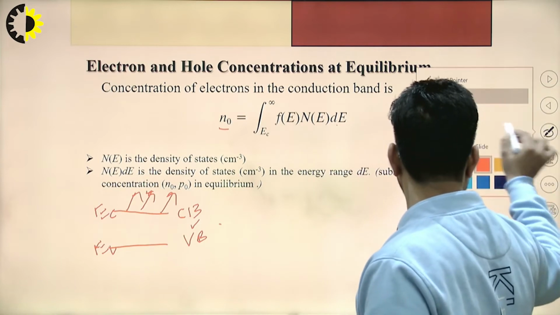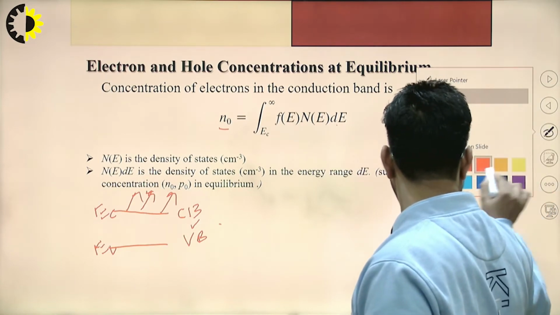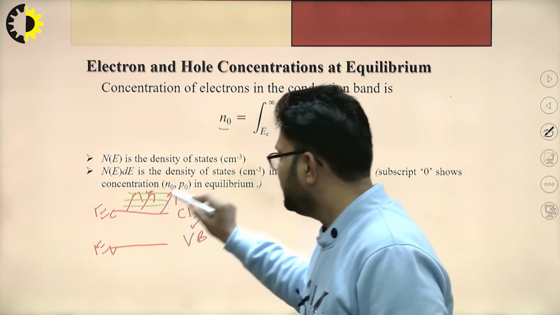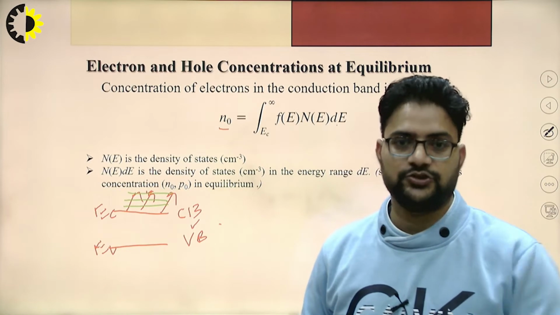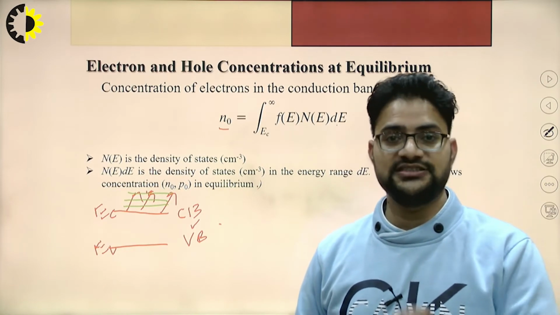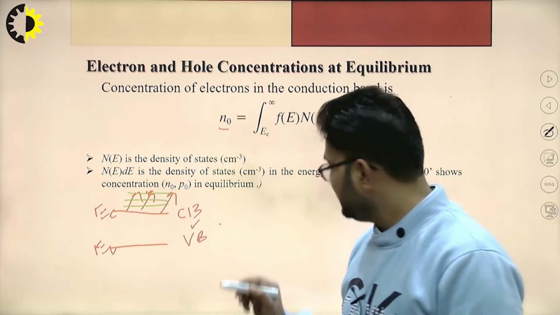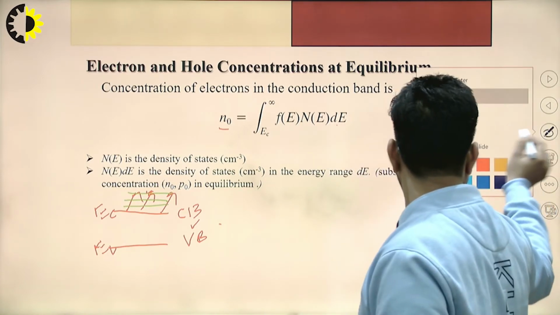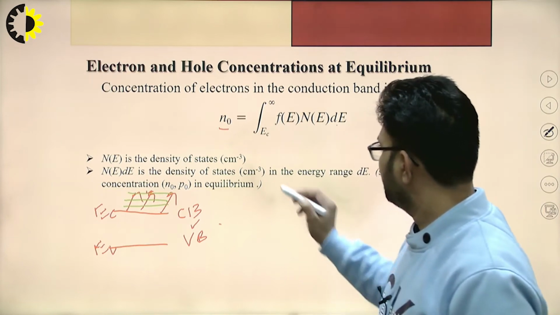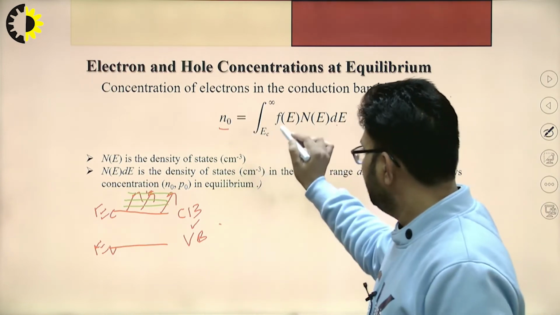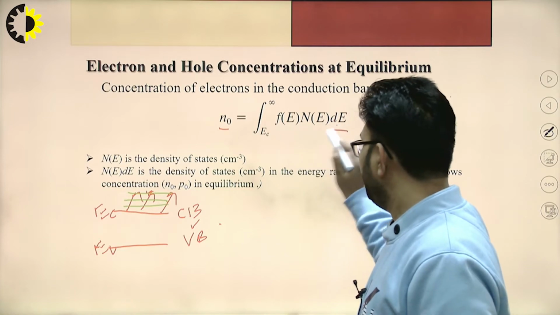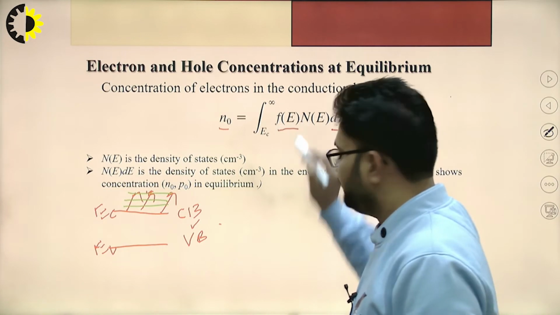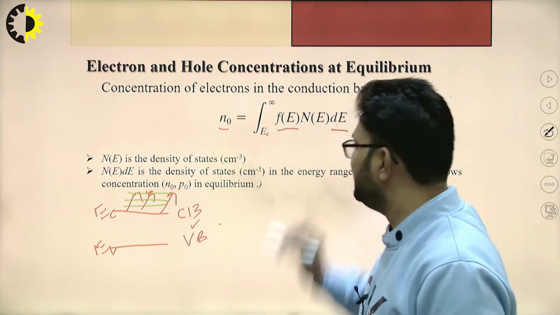Let me use a different color pen for this. If I say green, in this region we are computing the number of electrons, or the electron concentration. It is mathematically given by N naught equal to the integration, where E varies from EC to infinity, of the Fermi Dirac function multiplied by N(E).